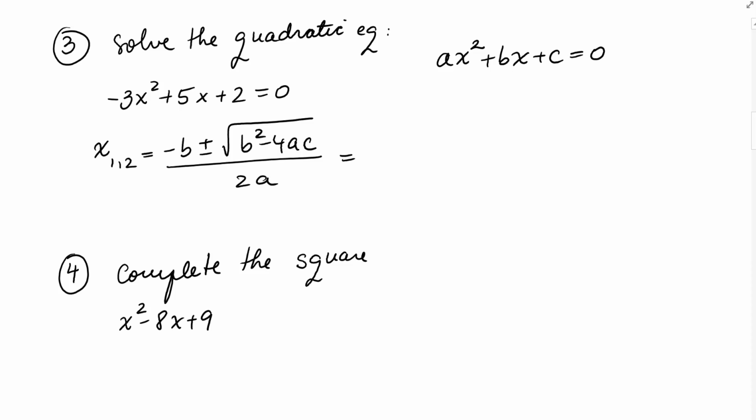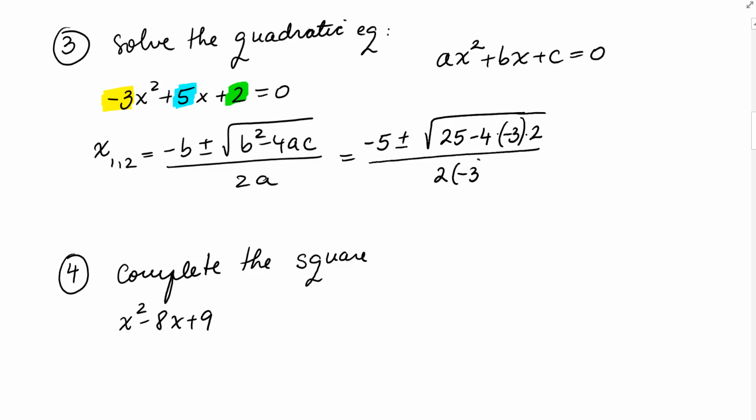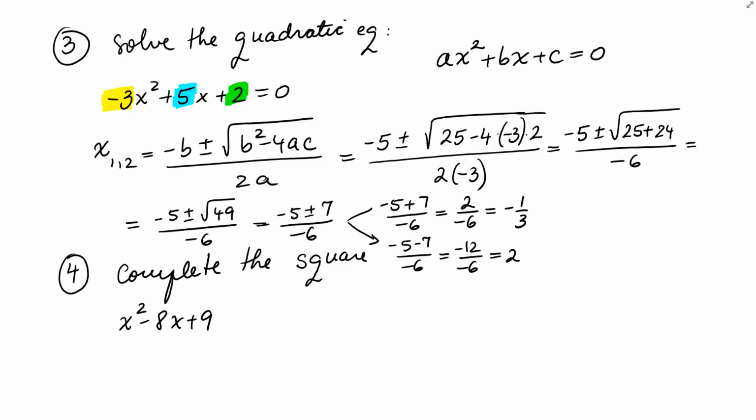So in our case, a is -3, b is +5, and c is 2. So we are going to get -5 plus minus the square root of 25 minus 4 times -3 times 2, everything over 2 times -3. So let's compute this.